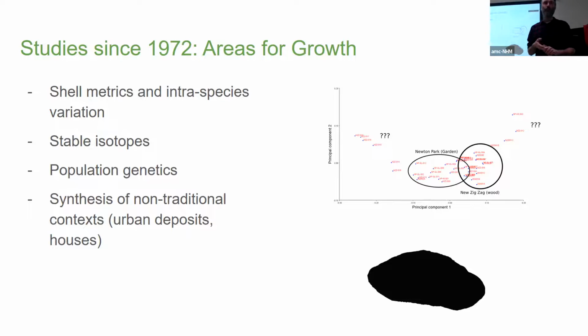Some areas for growth that people have been working on since 1972, but perhaps not very much. First is looking at variation within species and measuring shells. This is something that Ken Thomas called for in a paper in 1978, and John Evans repeated the call for that.